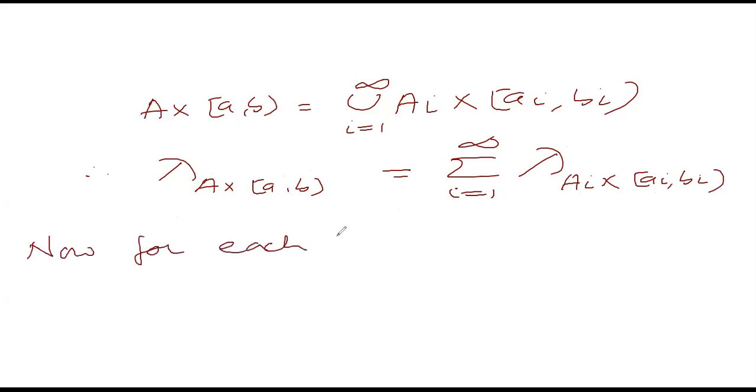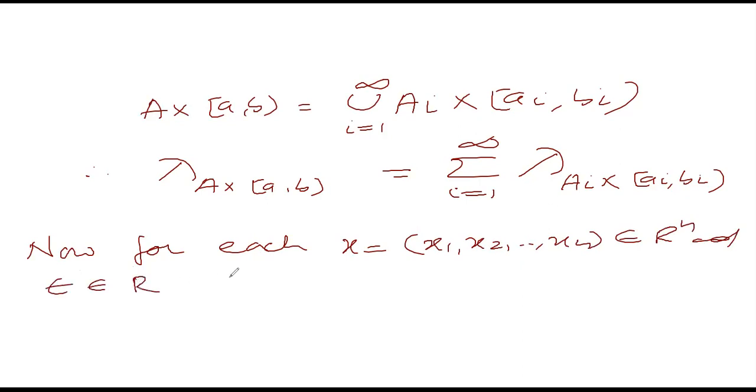Now for each x, actually we have to use induction. We have to use the fact that Rn, Sn, and lambda n is a measure space. So I will take a point x equal to x1, x2, and so on, xn in Rn, and take a point t belongs to R. Then this holds, you can easily verify it.